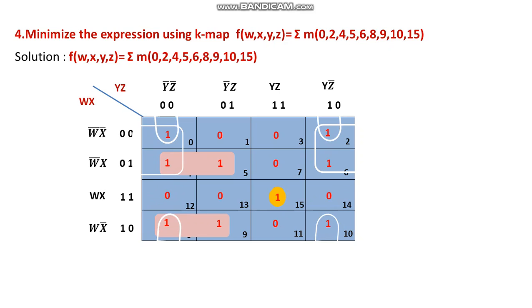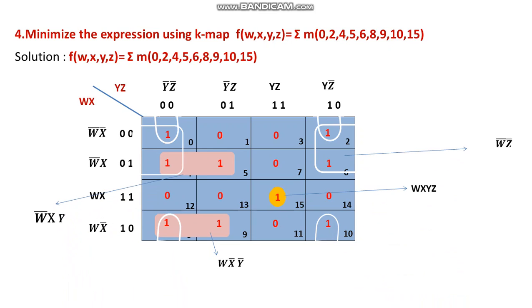Okay, we will write the expressions one by one here. So first I will write the expression for the isolated one, that is w x y z. Then for the pair 8, 9, we get the expression w x bar y bar. Then for 4, 5, it is w bar x y.